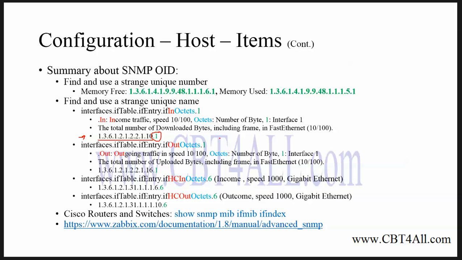So if I want to talk about fast Ethernet on different interfaces, for example in downloading, this is the fixed part of the number, and this is the part which should be changed. How can I identify that? In Cisco routers I can use this command. Let me show you.